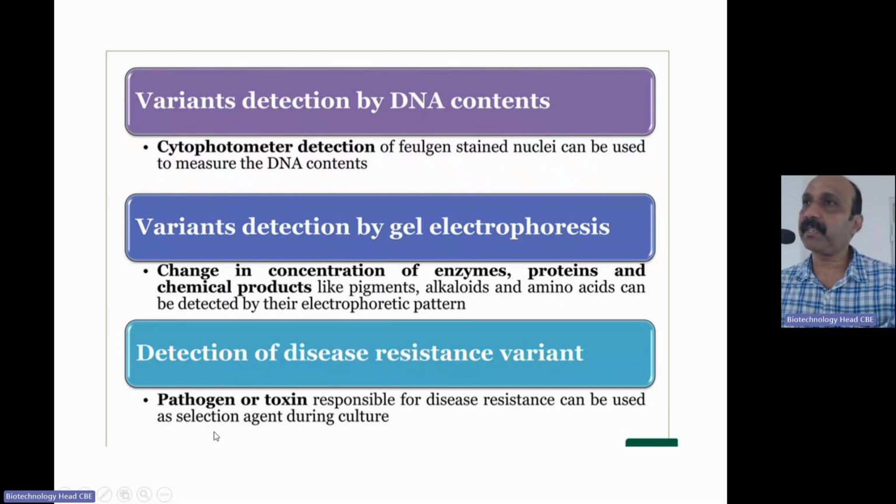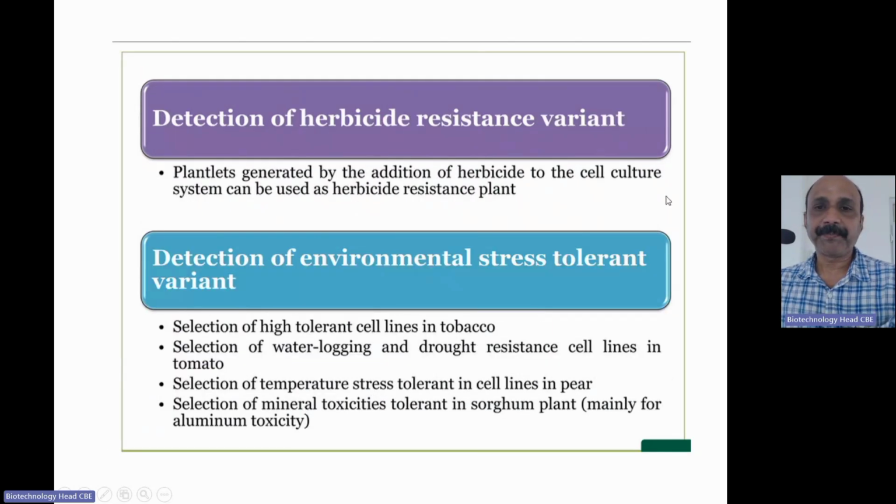Or disease-resistant variation: the disease resistance can be used as a selecting agent, even on the plants, using the actual pathogen or just the toxin extracted from those pathogens. Or herbicide-resistant variants: grow those plantlets with the addition of herbicide. And the detection of environmental stress like water logging, drought resistance, salt, alkali, or high temperature stress or mineral toxicities.